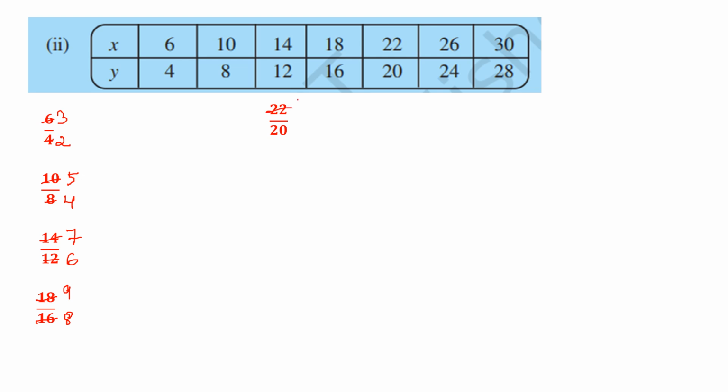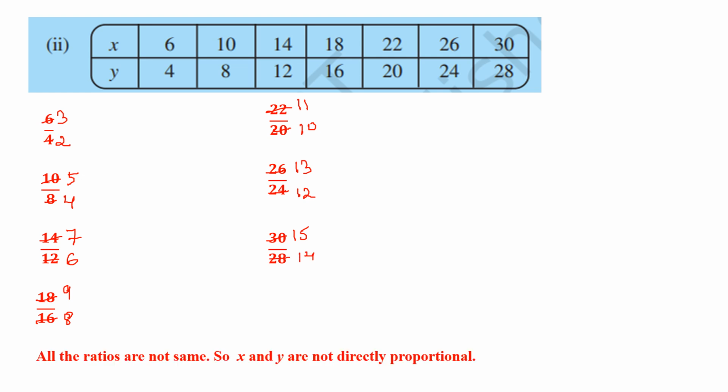Here 2 times 11, 2 times 10, 2 times 13, 2 times 12, 2 times 15, 2 times 14. So if you have seen, in all the cases the ratios are not the same, isn't it? They all are different. So we can say X and Y are not directly proportional to each other.